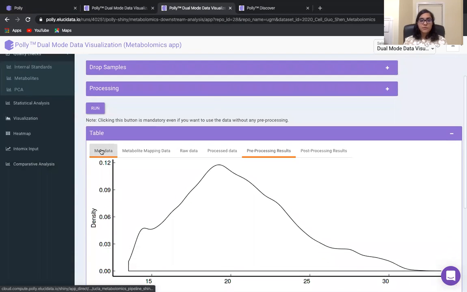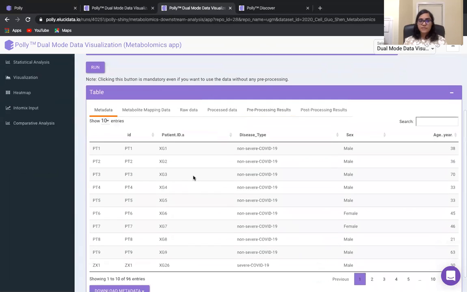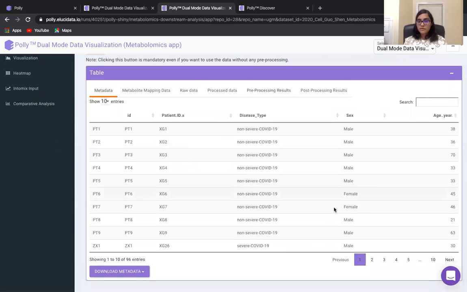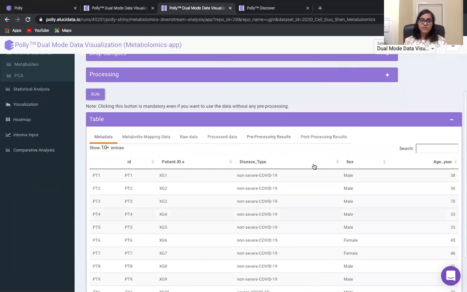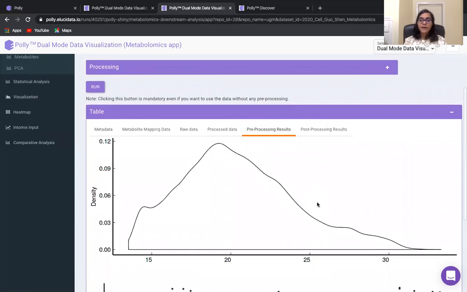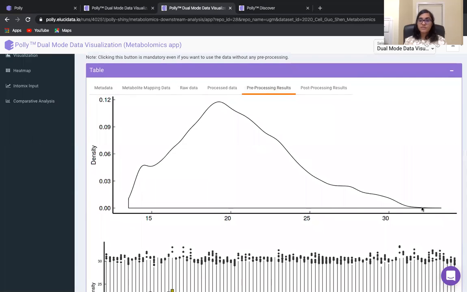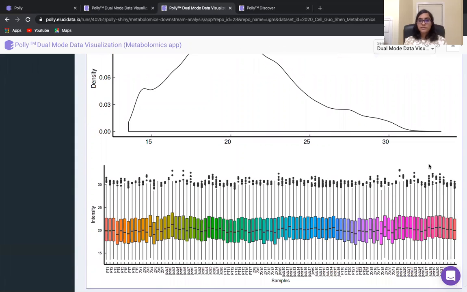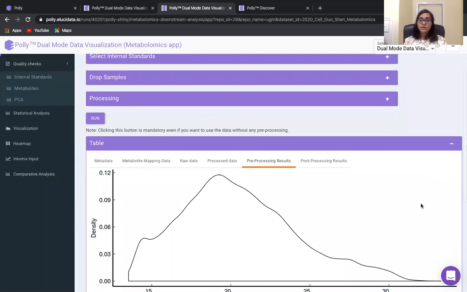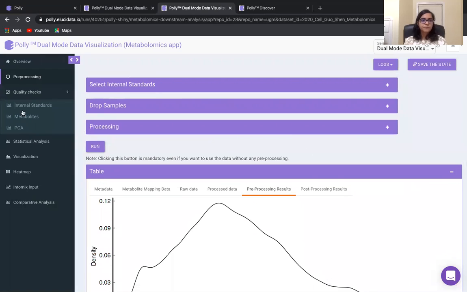So the first thing we can do, just like we did with proteomics data, is look at all of the metadata available here, and we can see patient ID, disease type, an annotation Poly has added, gender and age. We can look at the distribution of densities for the metabolomics data, and these plots are telling us that the data are normalized, so they are ready to analyze.